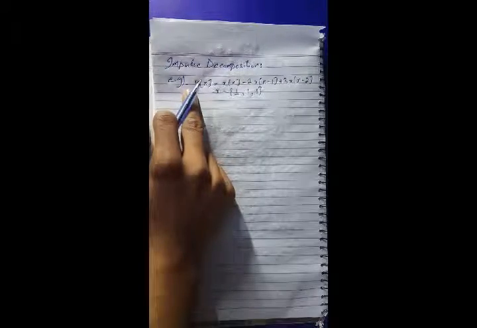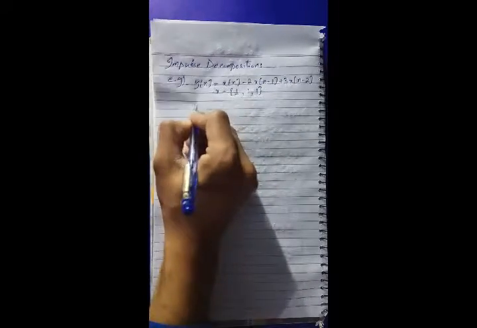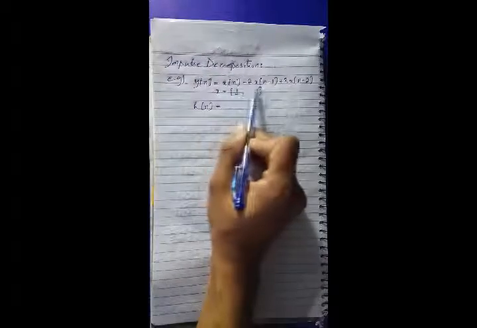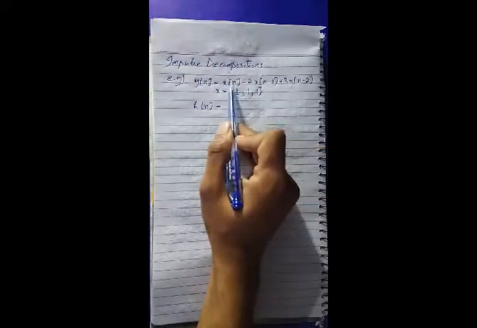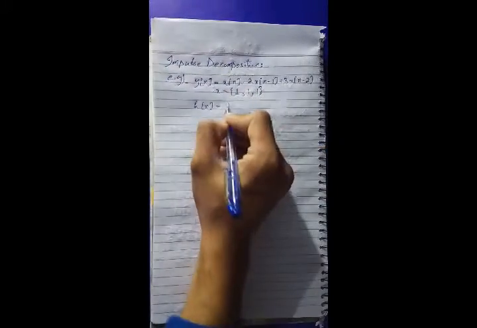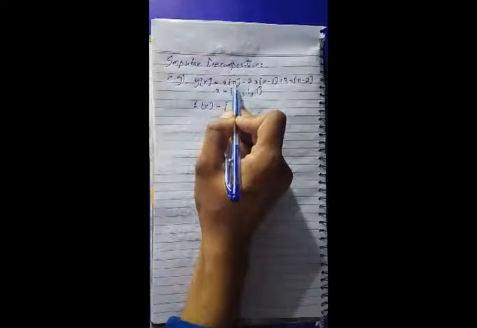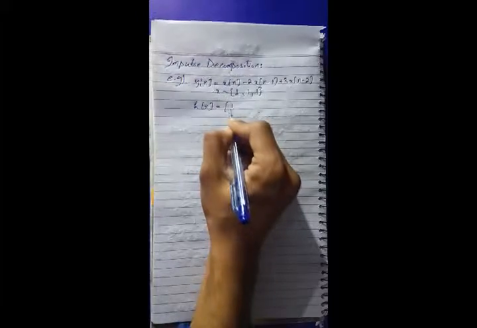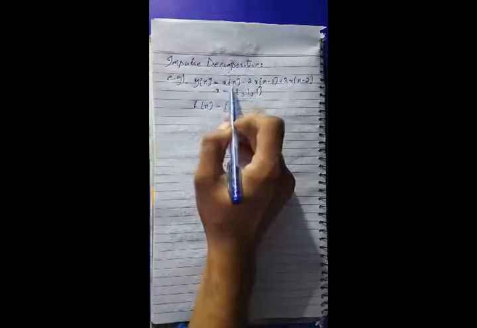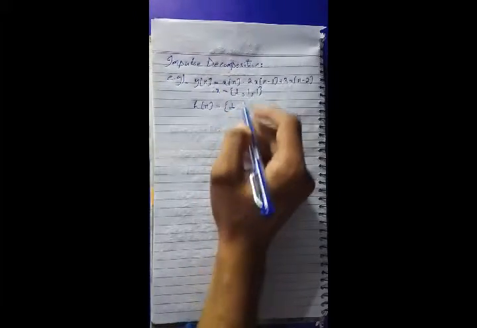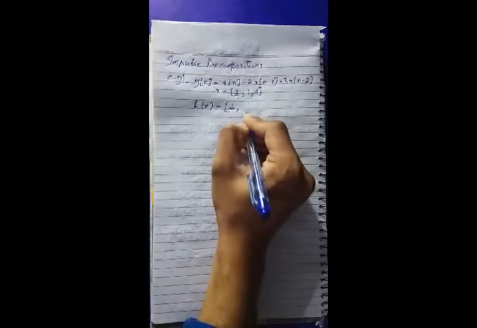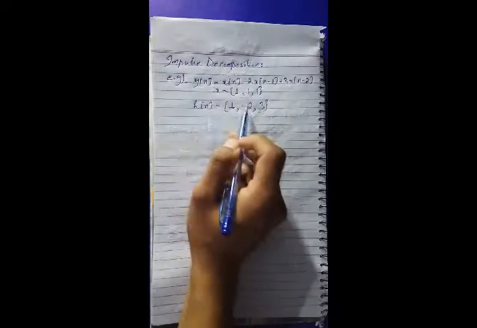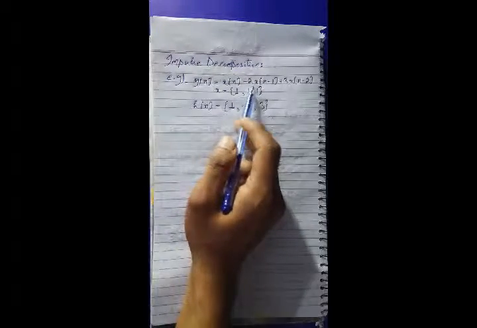Using the shortcut method of calculating the impulse response, we can write h of n as all the coefficients of this equation. This is at the 0 position, so we have coefficient 1, which is our 0 index value because there is no shift in n, the second value is minus 2, and the third value is 3. So this is the impulse response for this system.